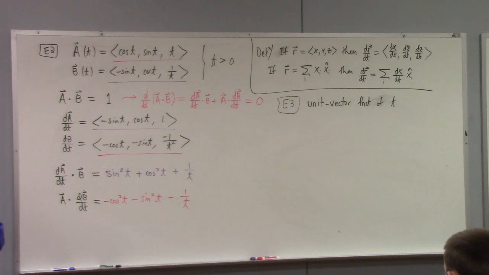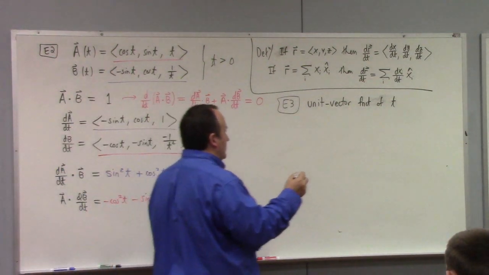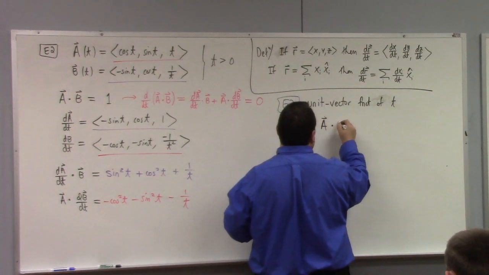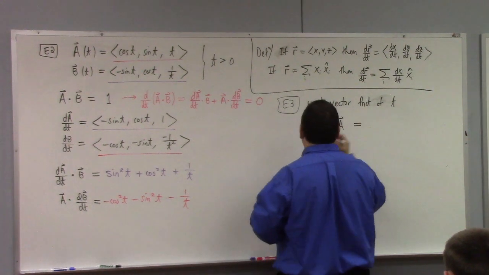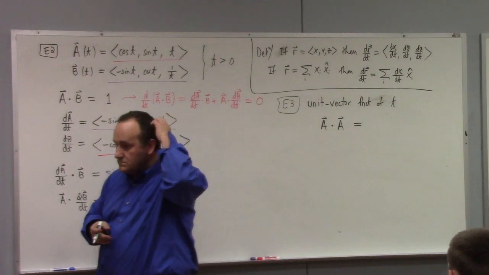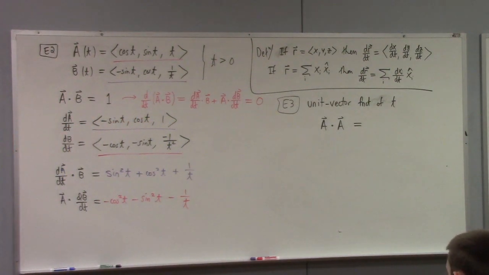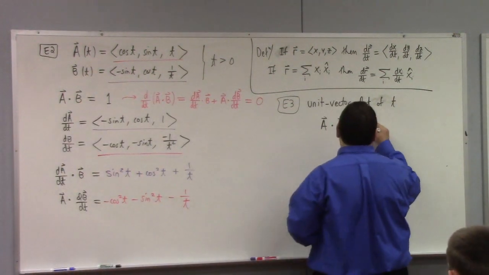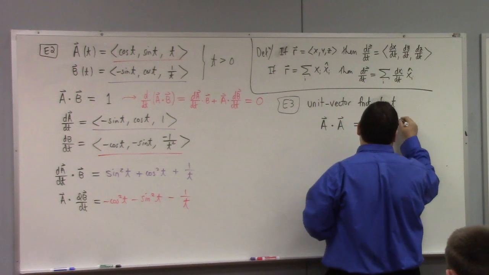What equation would that tell you? So you'd have a dot a equals what? It's a squared, that's true. Fair enough. But what is it equal to then? That's equal to 1, by assumption, right?